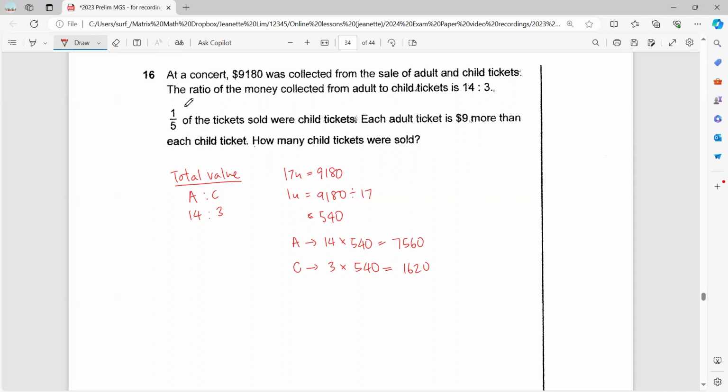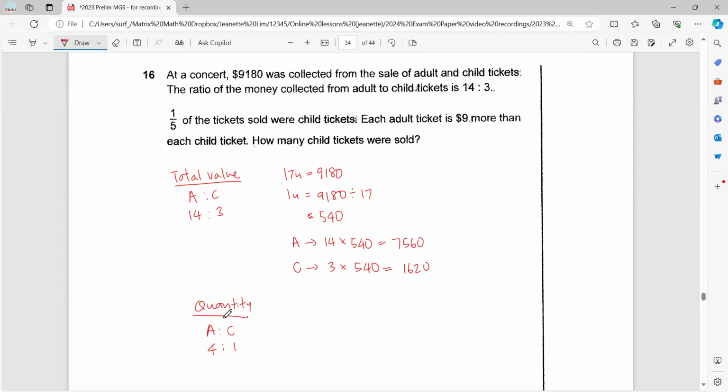So first, 1/5, right, means that in terms of quantity, one is the child ticket, so A to C. One is for the child. 1/5 for child tickets, so 4/5 for adult tickets. Adult would be 4. So 4 to 1 is the ratio of the quantity.